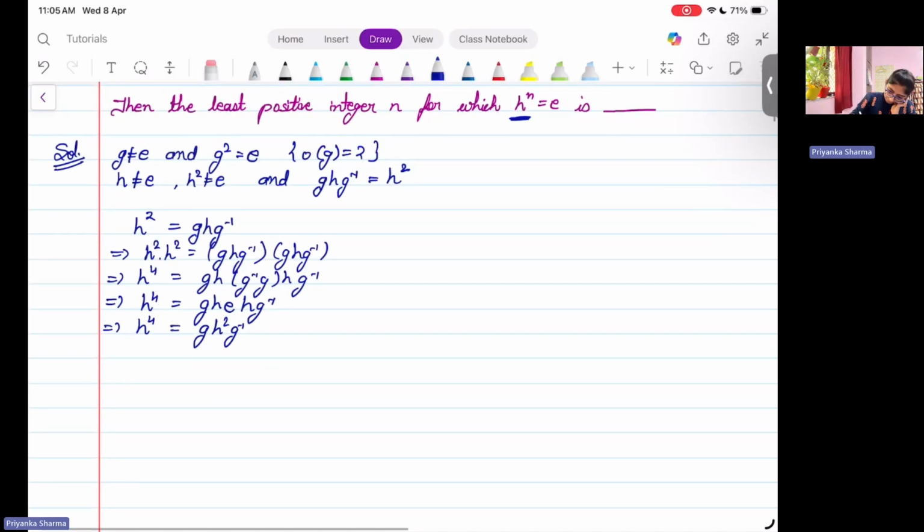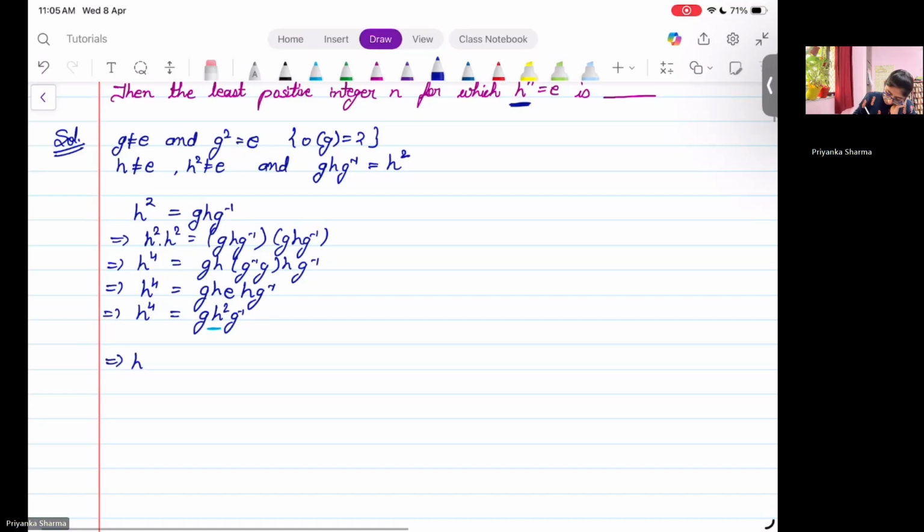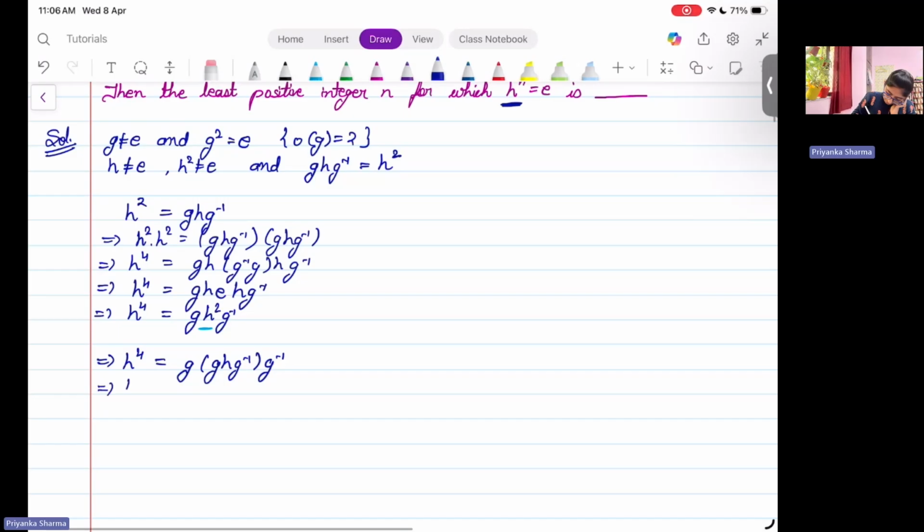Now we can again put the value of H square here, and this will become h to the power 4 is G inverse, H, G inverse. So this will be h to the power 4 is G inverse squared H G inverse squared.